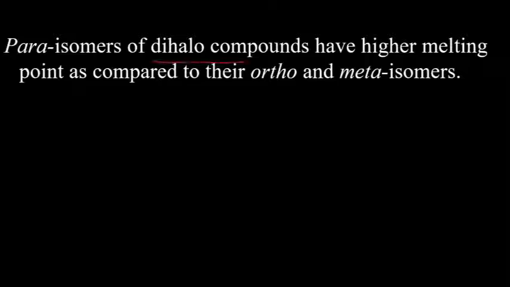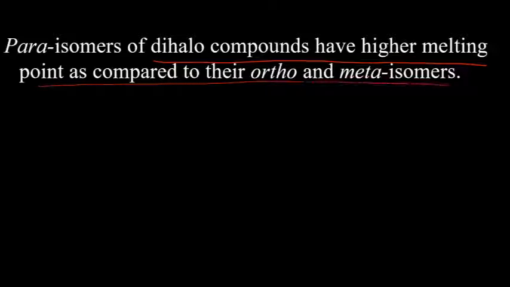Para-isomers of dihalo compounds have higher melting point as compared to their ortho and meta isomers. Now I am talking about melting point. There is a very minute difference in melting points of dihalo compounds. Dihalo compounds means there are two halogens attached to the benzene ring.